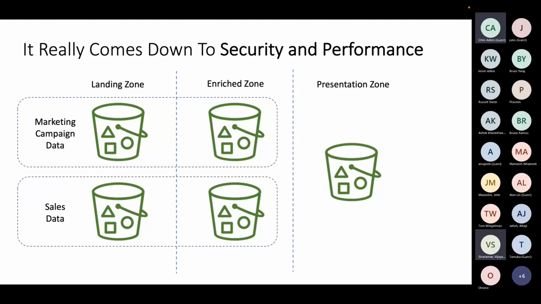Okay, so this is a bit more of a nuanced scheme. You work for a particular organization. Say, for example, you're listed on one of the world's major stock exchanges, like the New York Stock Exchange. You've got marketing campaign data.